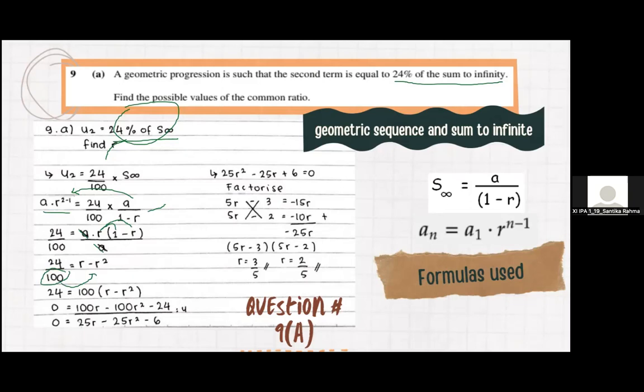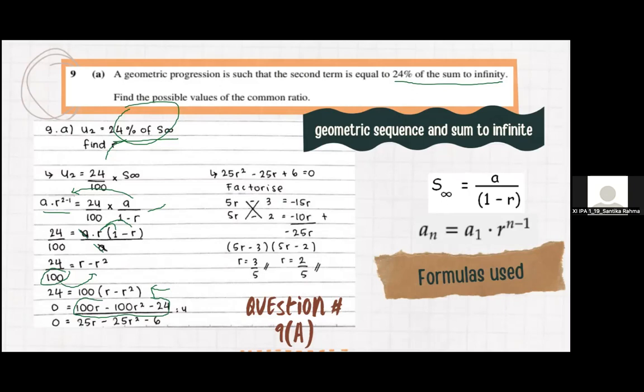to get this part. And we multiply the r minus r squared with the 100 to get 100r minus 100r squared minus 24. Because this equation is very big, we can divide this by 4 to get 25r minus 25r squared minus 6.